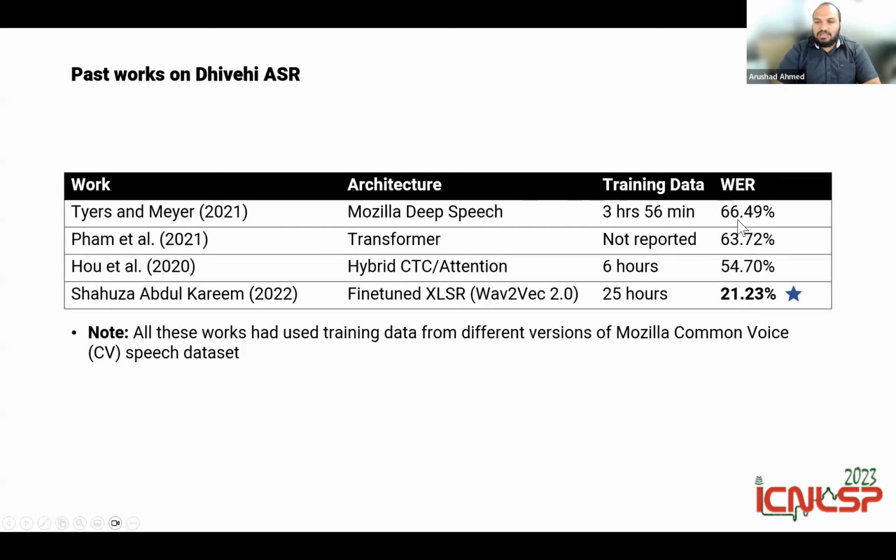All of these models have been trained on data from the Mozilla Common Voice speech dataset. The current state-of-the-art ASR model can be considered a fine-tuned version of XLSR, which is basically a multilingual version of Wav2Vec 2.0. This was trained on 25 hours of speech and was able to achieve a word error rate of 21.23%.